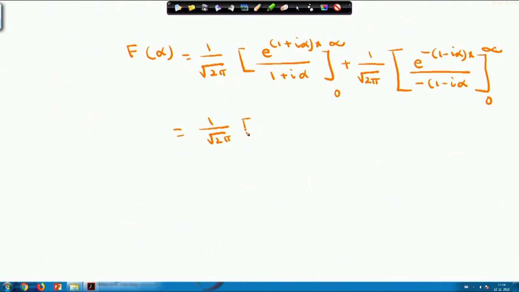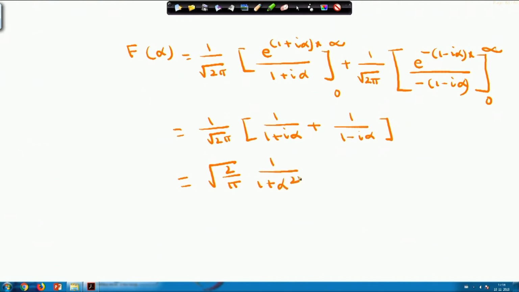Once I put the value of these limits, 1 by root 2 pi I can bring common. In the first case I will obtain 1 by 1 plus i alpha, and in this case, if I put the limit, it will be 1 by 1 minus i alpha. If I simplify this, ultimately I will obtain root over 2 by pi into 1 by 1 plus alpha square.